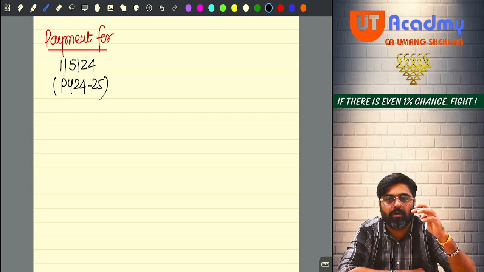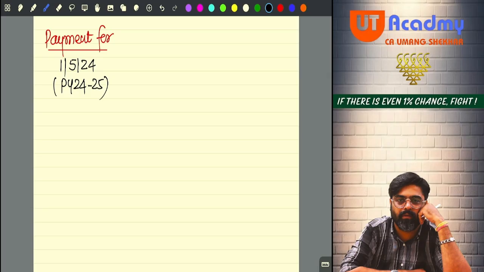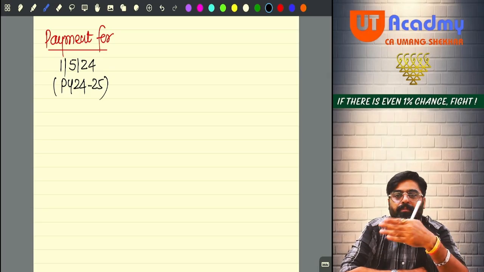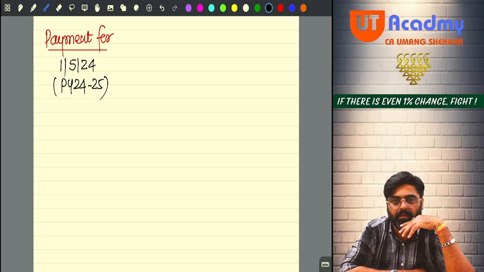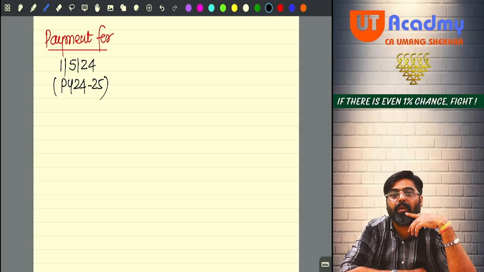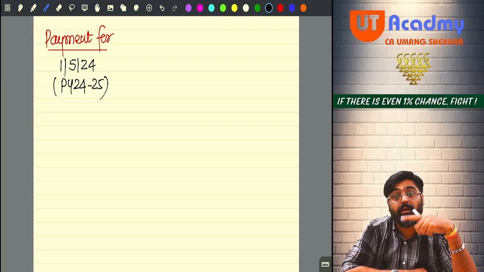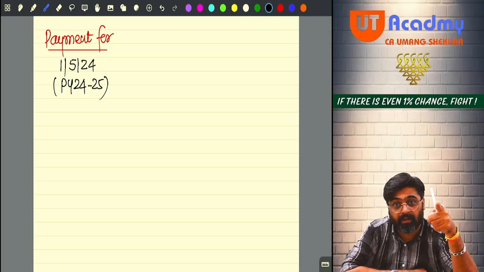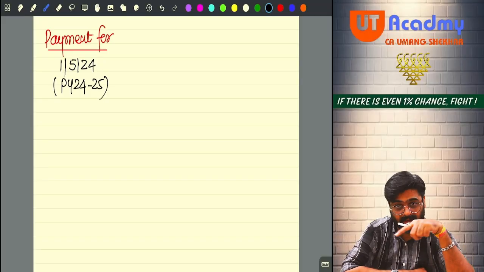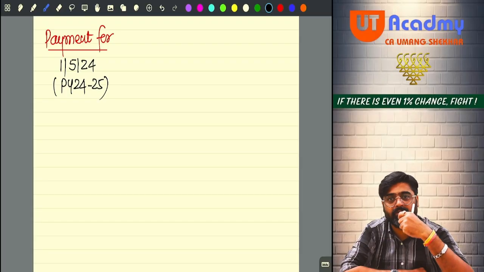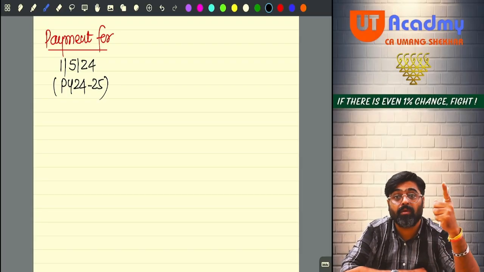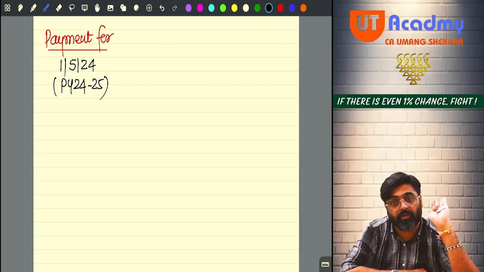Now, there was a written agreement. So, there was some period specified in the written agreement. 30 days from the date of purchase. 30 days from the date of purchase will be 1st May till 30 days. 30th May is the last day. And that agreement period can be 30 days also, it can be 25 days also, it can be 20, but it cannot be more than 45 days.